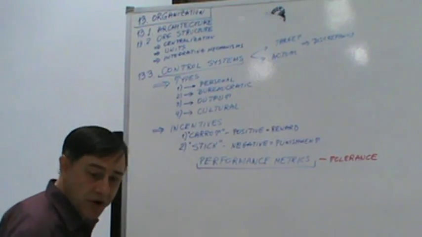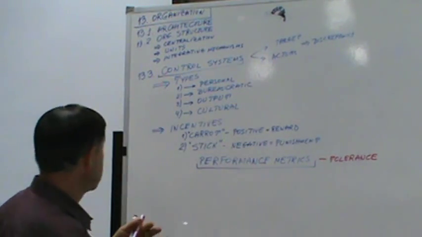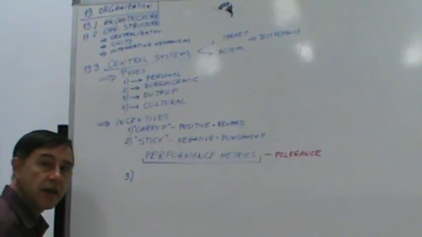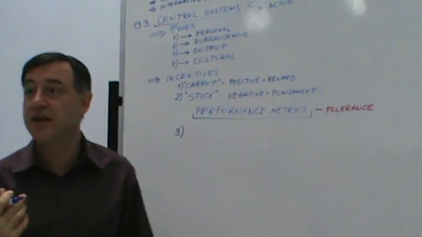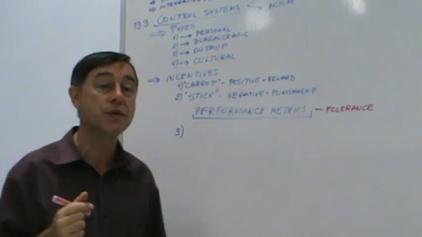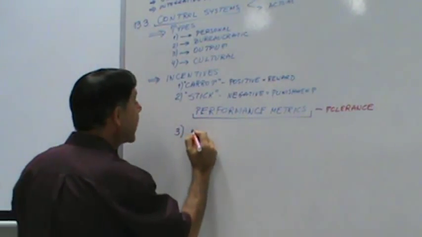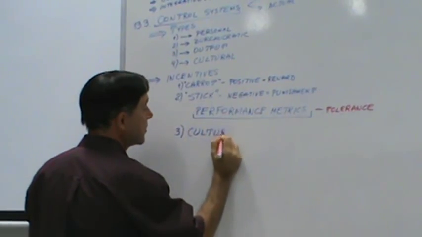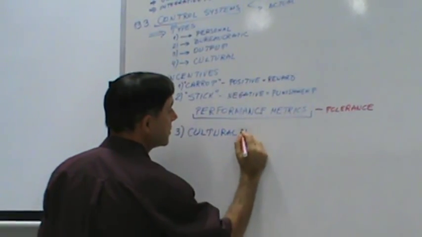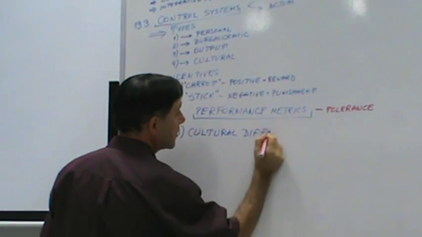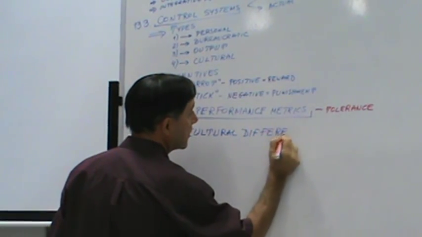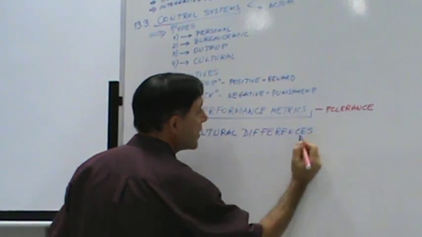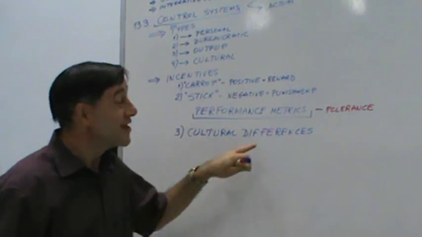Okay. Part of the incentive systems, number 3, and it has to be understood, for me it's easier, for you maybe not so easy, is cultural differences.